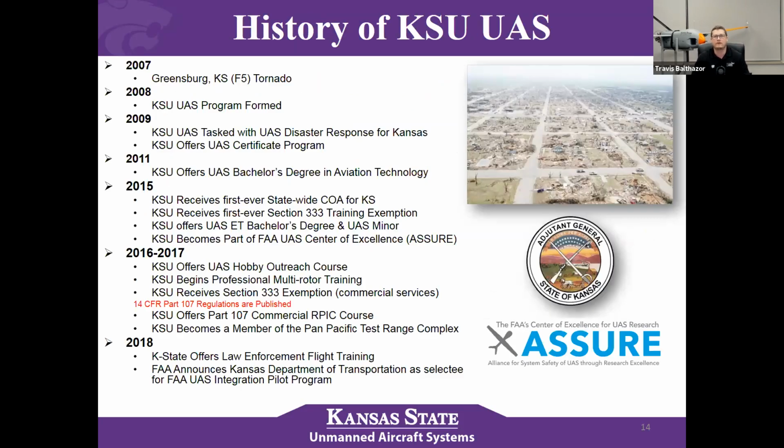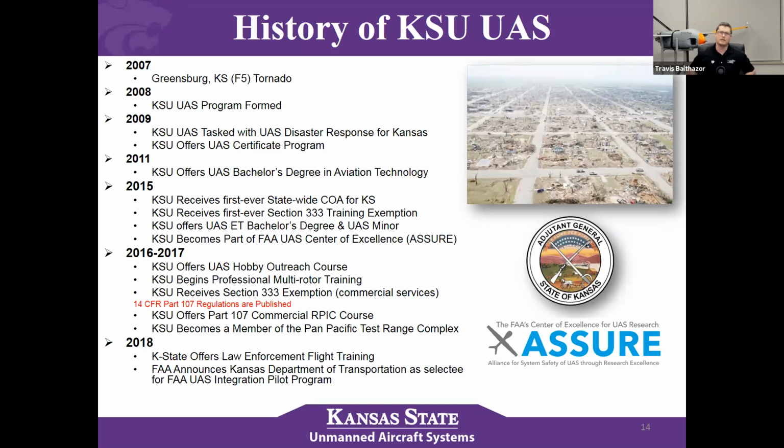So a little bit of history of K-State. I won't go through all of these here, but for over 10 years now, we've been involved in unmanned aircraft systems, starting with the Greensburg tornado that happened here in Kansas. It was an F5 tornado that pretty much wiped out the town. At that time, the Kansas National Guard and several of its assets were deployed overseas, so the response to that major event was not quite on par with what it should have been.